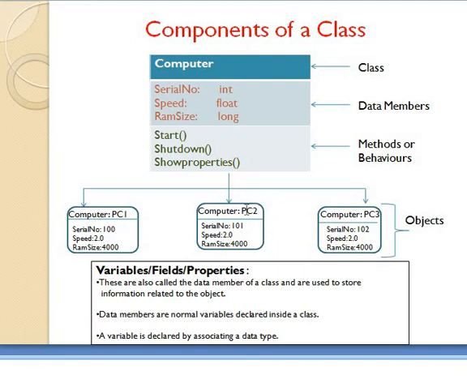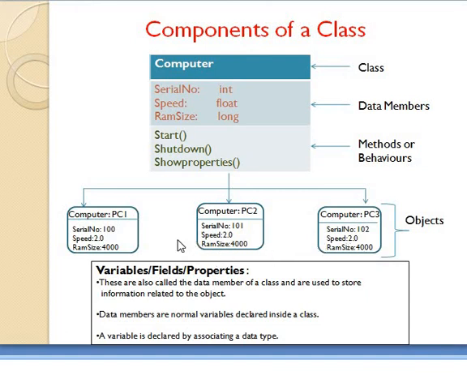For the object with identity PC2, the given information is serial number 101, speed 2.0, and RAM size 4000. Whereas for the object with identity PC3, the given information is serial number 102, speed 2.0, and RAM size 4000.